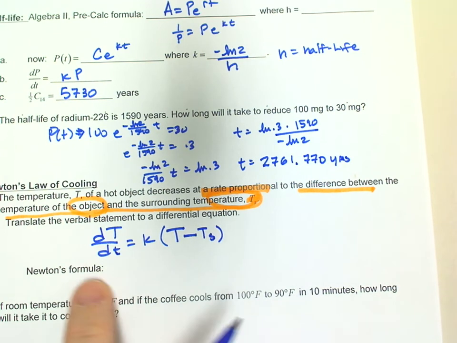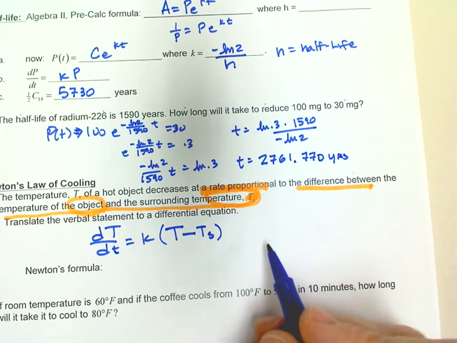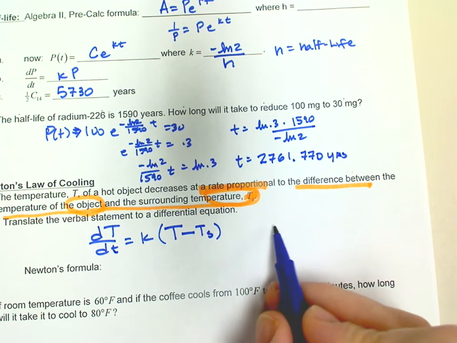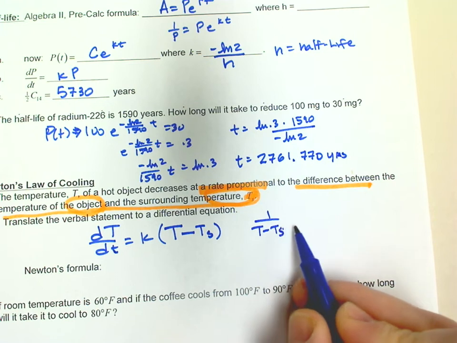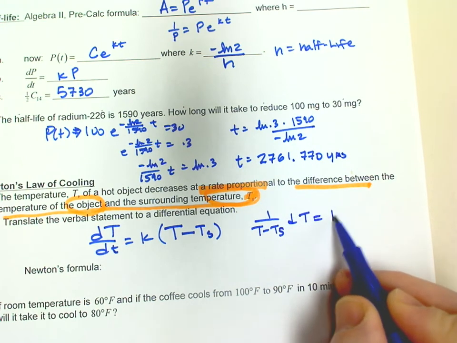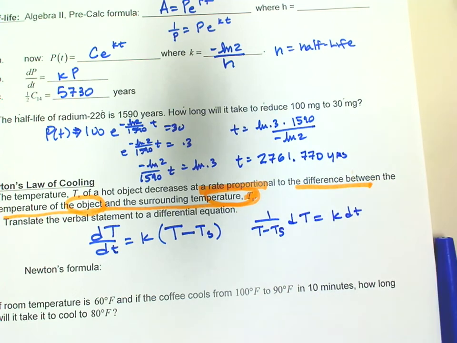Another way this is shown is when we solve this, you can see this is separable. I can divide both sides by T minus the surrounding temperature and get 1 over (T minus T sub s) times dT equals k times dt. We've separated our variables.